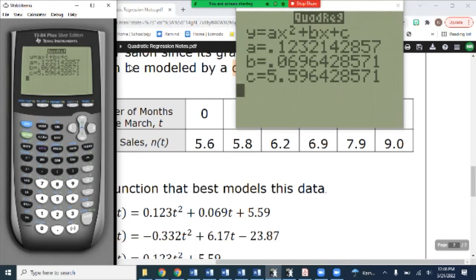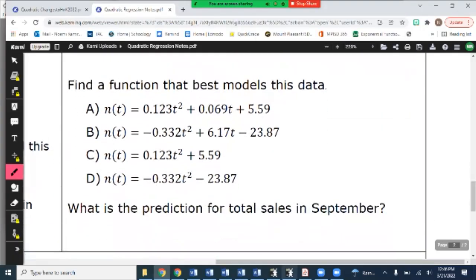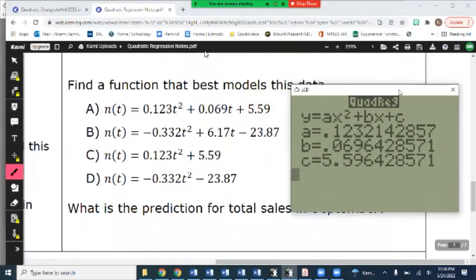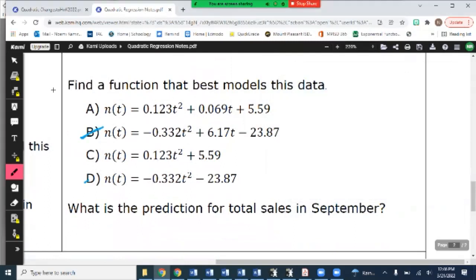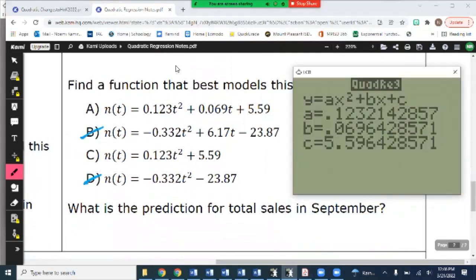All right, so there's my answer. You can compare those decimal values to your answer choices. Now, I know that the coefficient of x squared is 0.123. So I would automatically eliminate what 2 answers? B and D. And then why would you eliminate C?